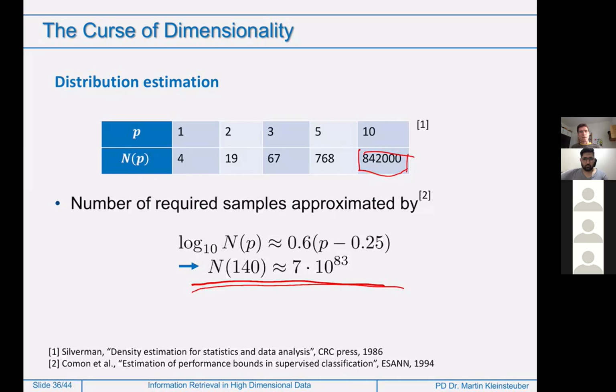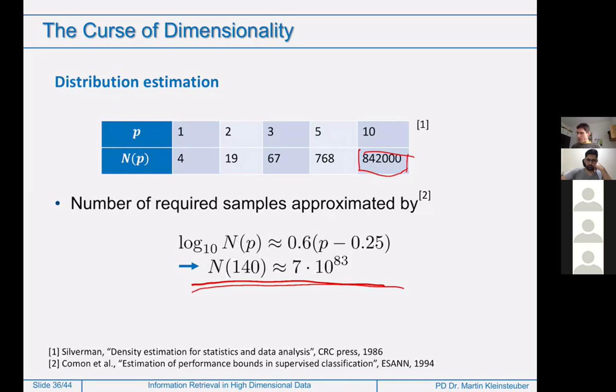So that's really a lot, and it also tells us that you need some theory to overcome this problem. You will not solve it by saying, if I just have enough training data, then everything is fine, and I can guess every underlying probability function with a good quality.